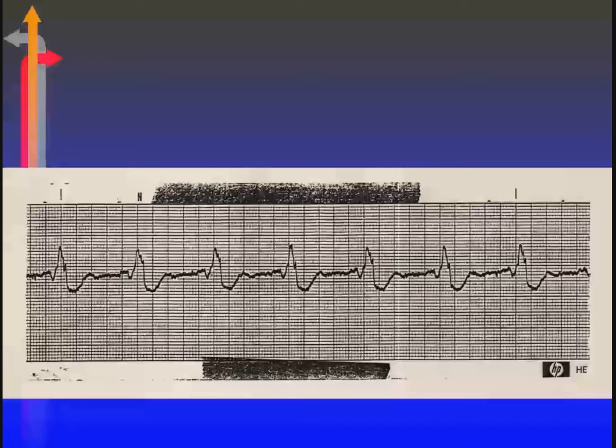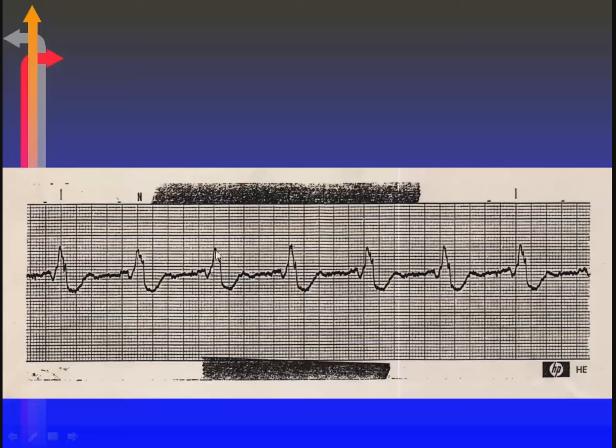So this is a 6-second strip. There's a marking here, a marking here, and a marking here. So between these two, we can figure out how many complexes we have. 2, 3, 4, 5, 6, almost 7. So the rate would be probably high 60s.